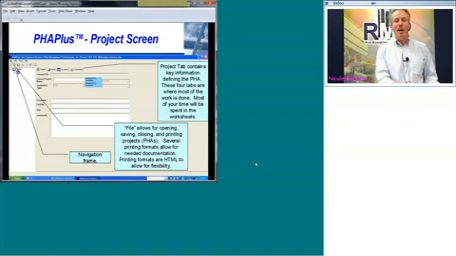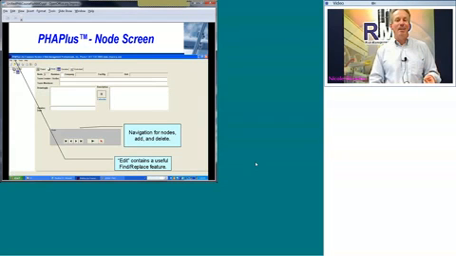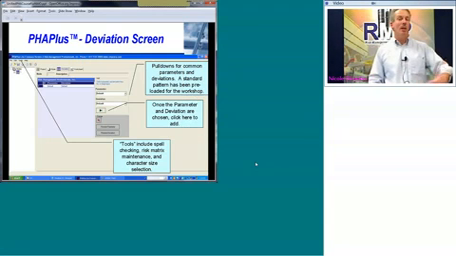If you're on the node screen, there are a lot of opportunities to add and delete and also edit the various features of the node. On the deviation area, there are pull downs for a lot of the standard process deviations that need to be looked at, and then adding them to build your deviation list that you then build your causes from when you're going through the different worksheets. There's a tools feature for spell checking, risk matrix maintenance, and also for defining character sizes.